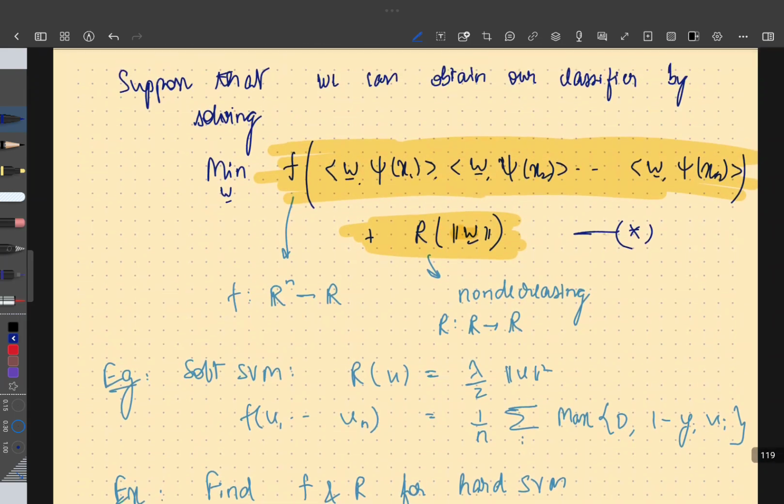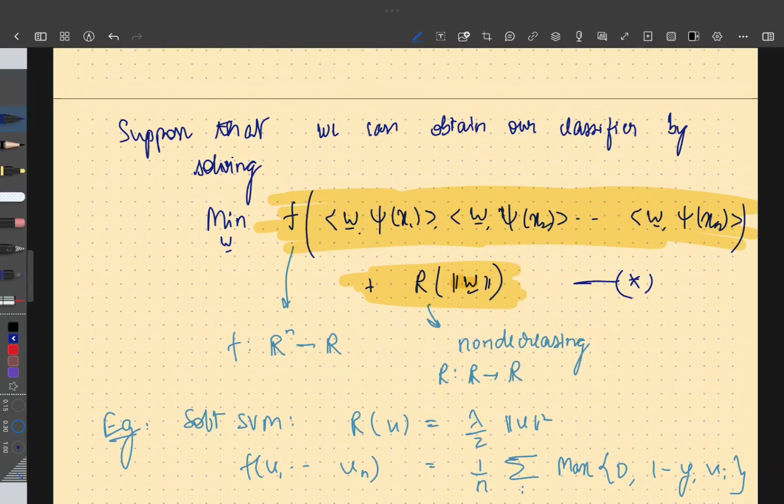But remember that we are operating under a more general framework where f is any arbitrary function and r is any non-decreasing function, not just the soft SVM or the hard SVM objective.